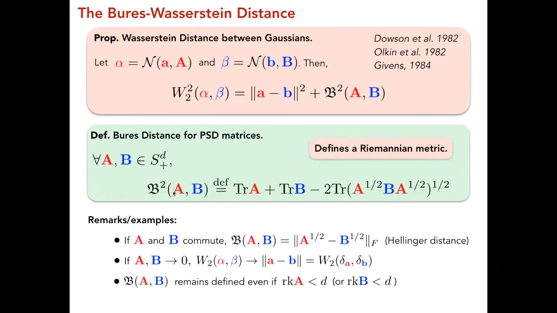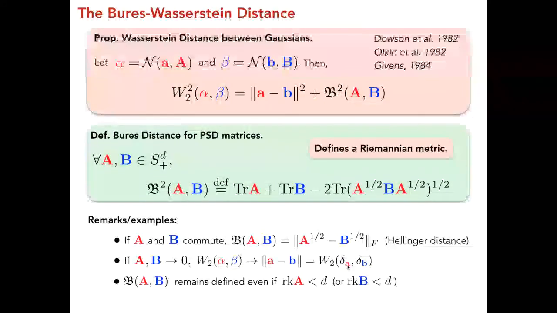If the covariance matrices go to zero, then the Bures distance converges to zero as well, and the Wasserstein distance between our Gaussian distributions goes to the Euclidean distance between the means, which is also the Wasserstein distance between Diracs supported on these means.